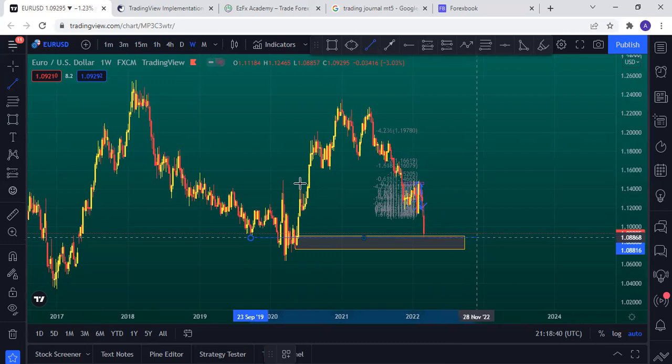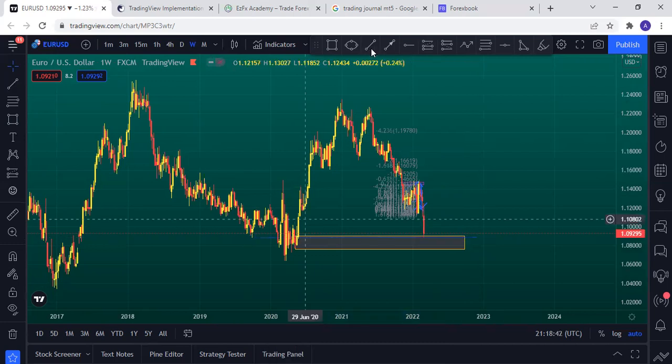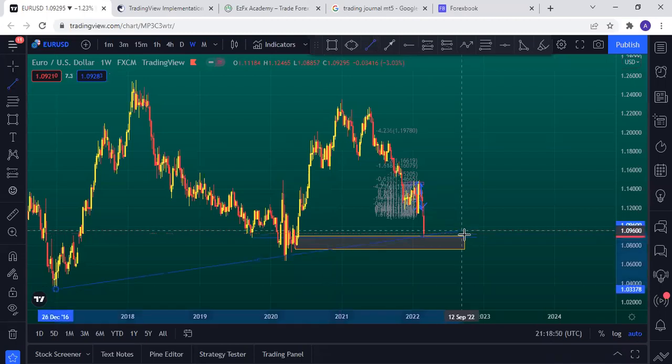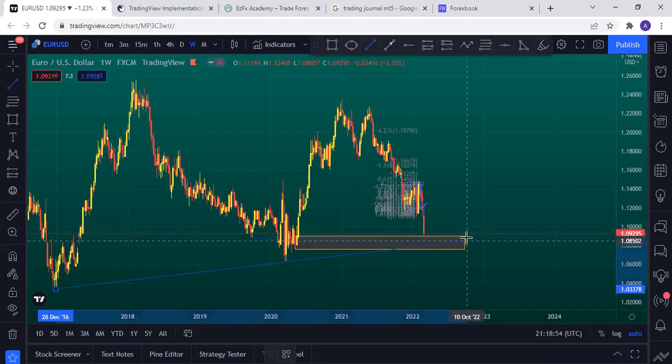Wow, this is interesting. I think so far tonight, this is one of the cleanest setups that I want to trade.